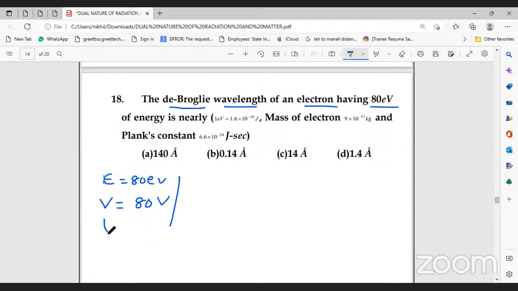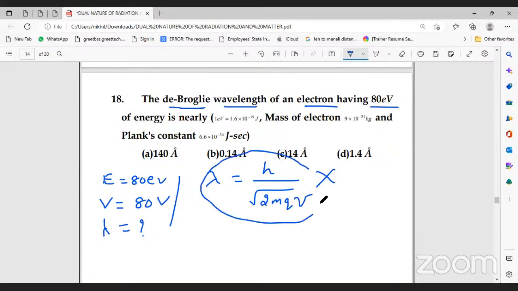They're asking to find the de Broglie wavelength for that electron. Now you can use the formula for the electron as h divided by root of 2mqV, but don't use this formula for the competitive level. I hope I've given one formula in the synopsis for the wavelength of the electron, that is 12.1 or 12.2 divided by root V. This is the shortcut formula for electron.